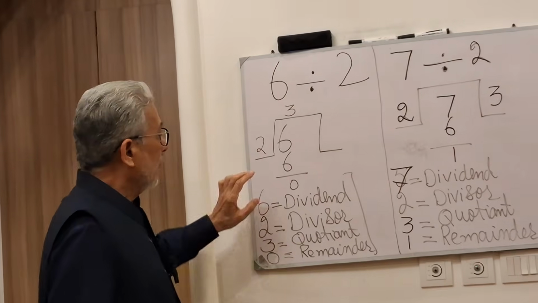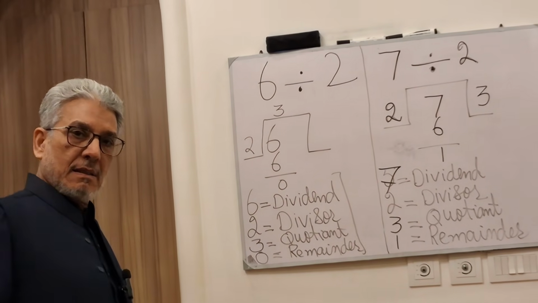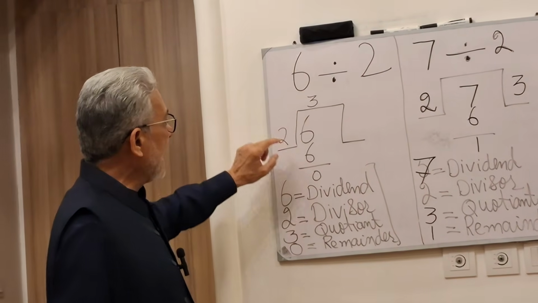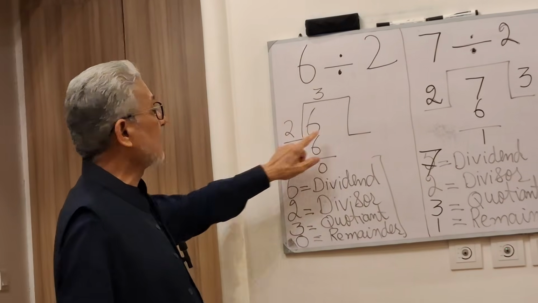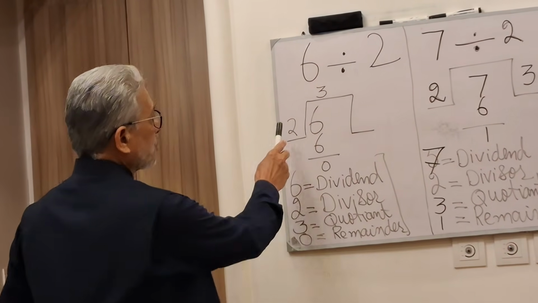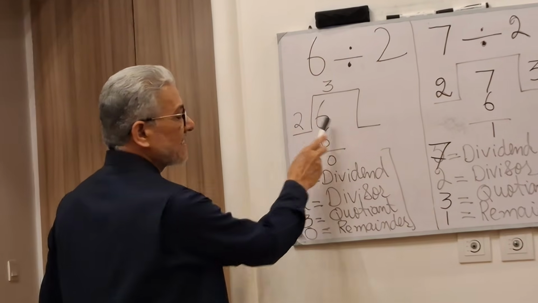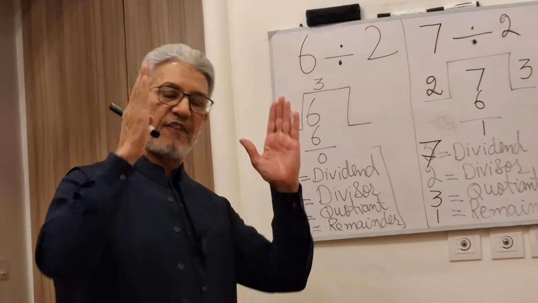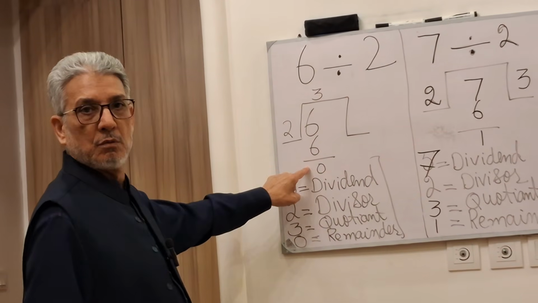Now, when a number is divided by another number and remainder is 0, then the divisor is a factor of that number. Now this 2 is factor of 6 because 2 divides the 6 exactly, equally, evenly, perfectly, leaving the remainder 0.